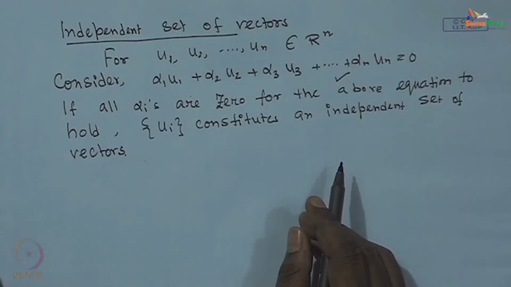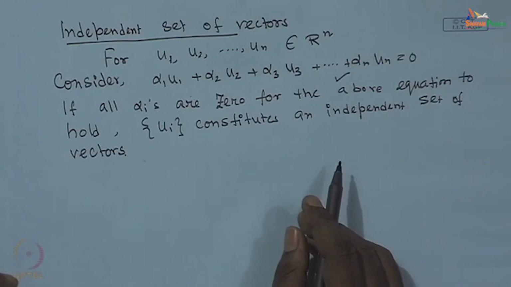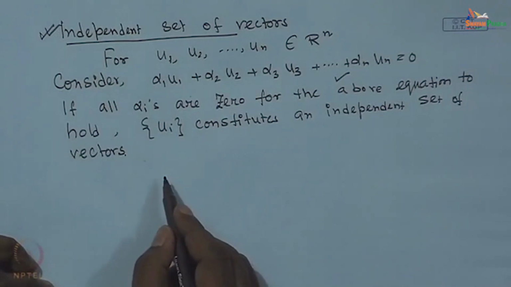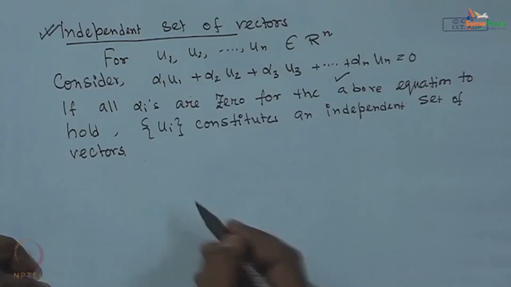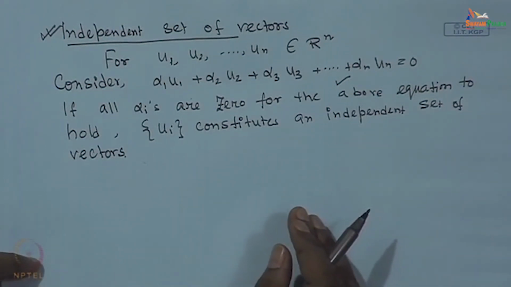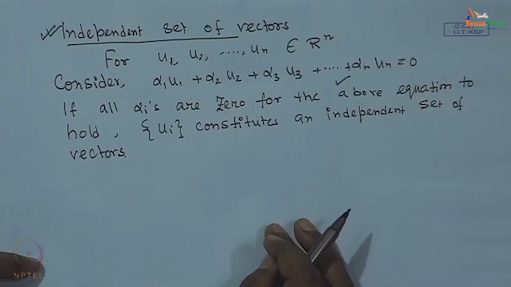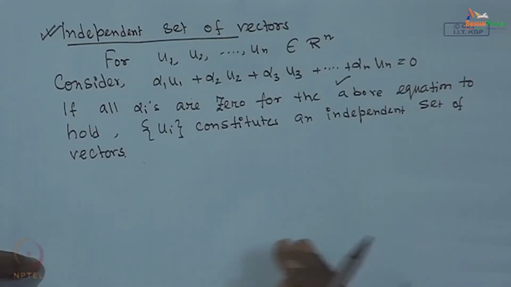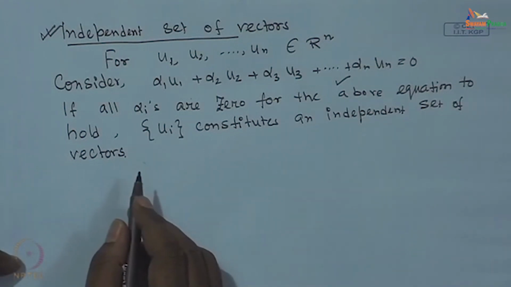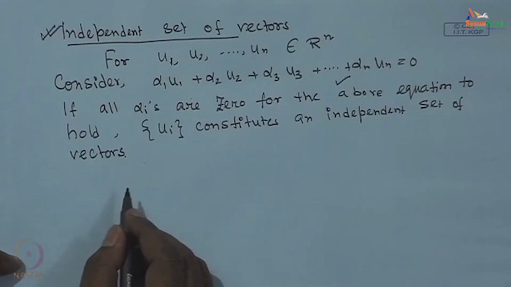If there are 3 unknowns, then a minimum of 3 equations is required to solve the system. So independent or dependent sets of vectors are directly related to the redundancy of the solution, whether the solution is unique or whether there are multiple solutions existing in your system. So, dependent vectors and independent vectors are definitely an extremely important concept for chemical engineers.